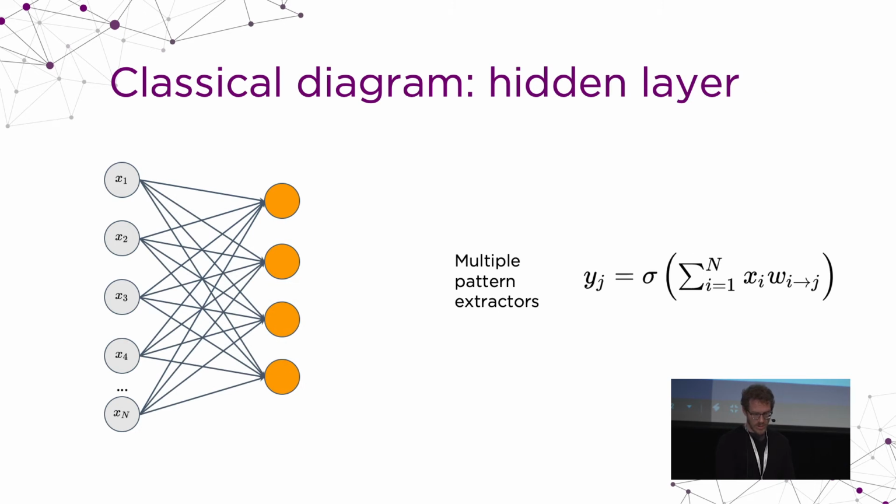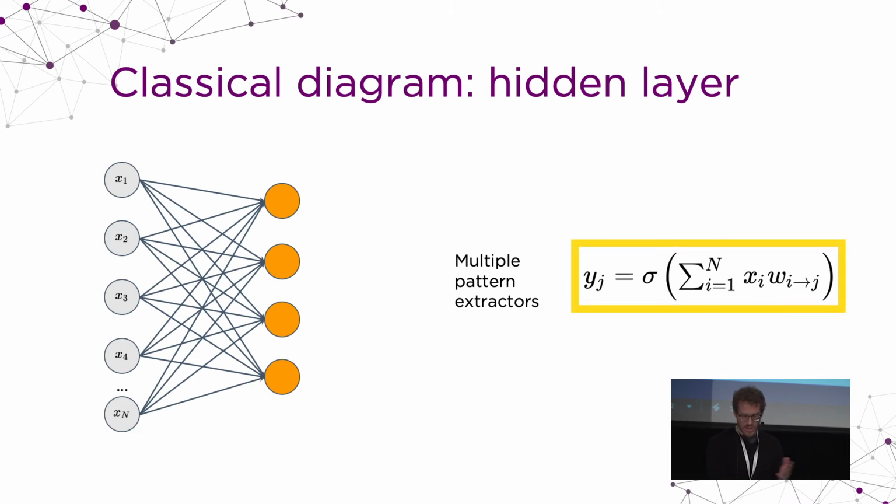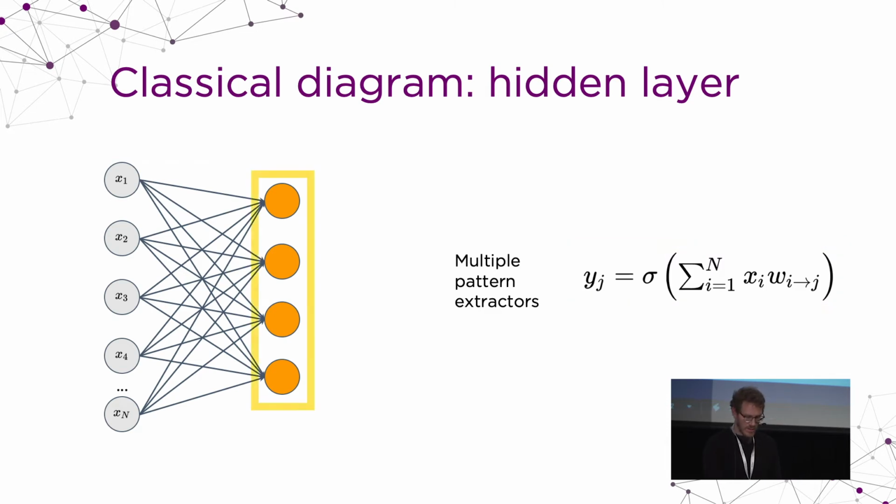Now one hidden unit is associated with one pattern. So this is the general equation. For the neuron yj, I will receive the activation function applied to the scalar product of the input and the connections going to neuron j. And this is a new representation for my data on this layer.